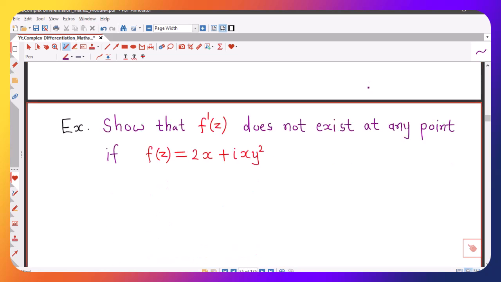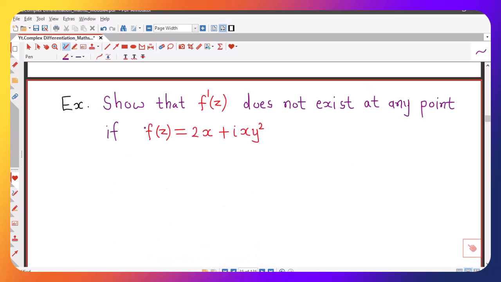Now we see another function and we check its differentiability. Here we are already given: show that the function has no derivative, if f of z is 2x plus ixy square. So we have to prove that this function is not differentiable at any point z in the complex plane.